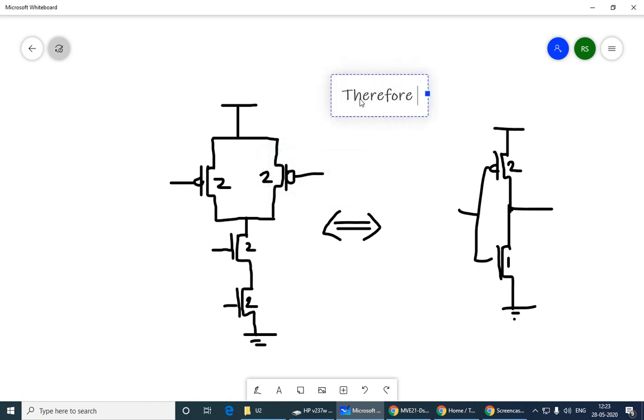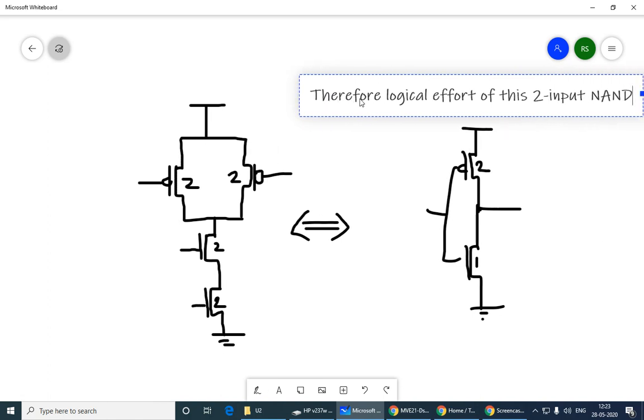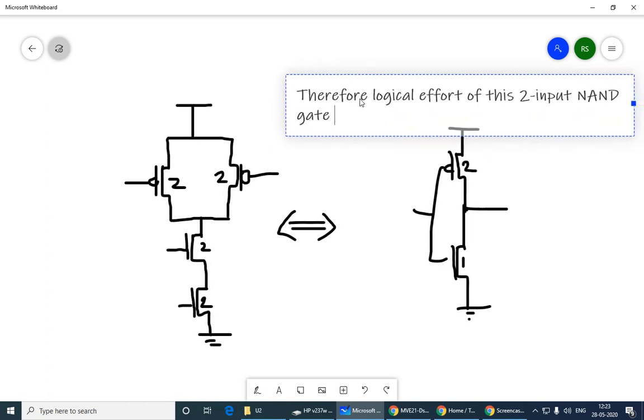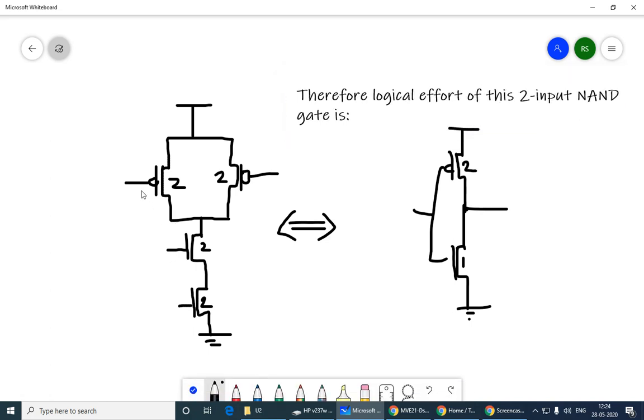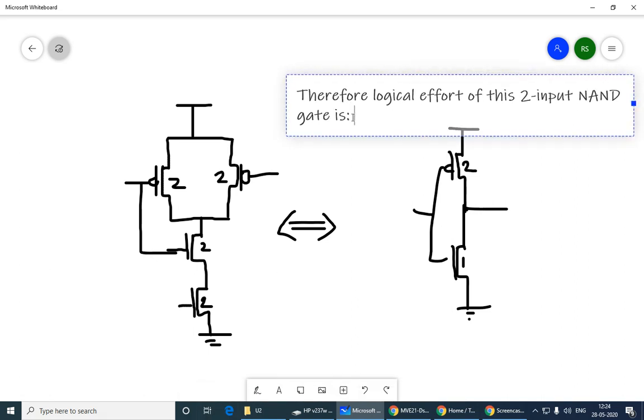So then we can calculate the logical effort. Therefore, the logical effort of this two input NAND gate is, what is the definition? Input capacitance of my gate. Your input is connected to one PMOS transistor and one NMOS transistor, so we have to take both into the picture.